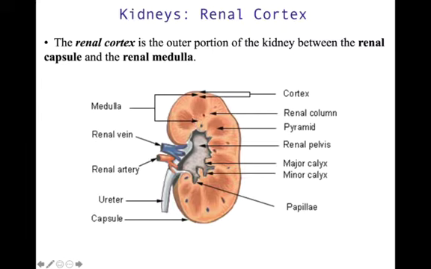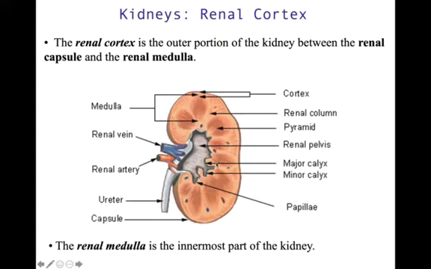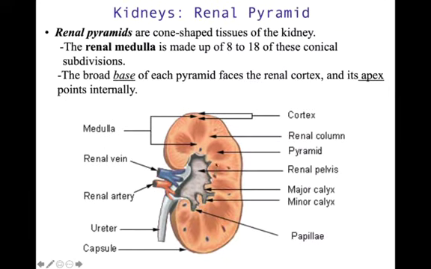Now, within the renal medulla, these dark, pyramid-shaped structures are called renal pyramids. So the cortex is the outer part, the medulla is the more inner part. The medulla is made up of 8 to 18 pyramid-shaped divisions, and we call these renal pyramids.